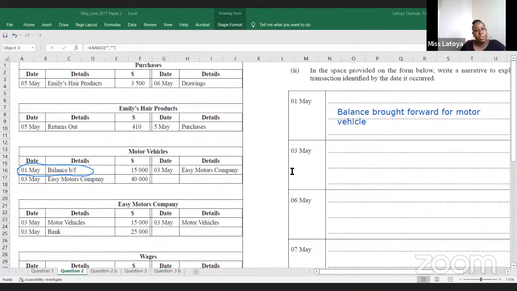Now let's see the next. On the 3rd of May, let's see what happens on the 3rd of May. Okay, in the motor vehicles account, we have Easy Motors. We are seeing a debit entry of 40,000 as well as a credit entry of, let's shift this a bit so we can see what the value is.